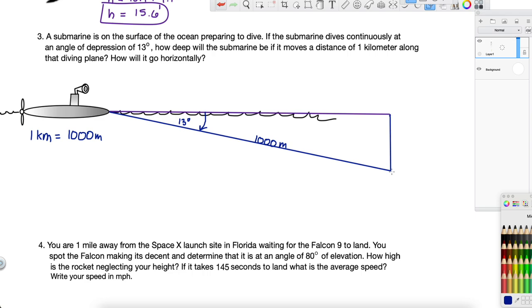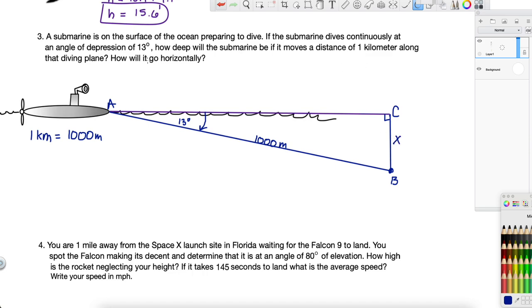Now remember, the submarine starts at this point here. So maybe this is point A. Now the submarine is here at point B, and this is horizontal. Maybe we'll call this point C. So we're looking to find this segment B to C. Maybe we'll call this X right here.